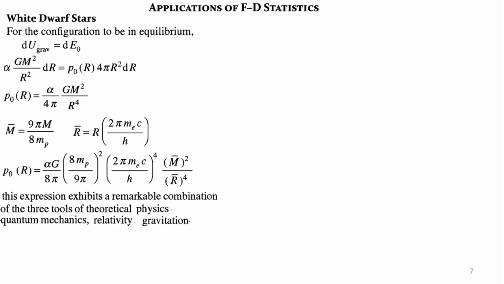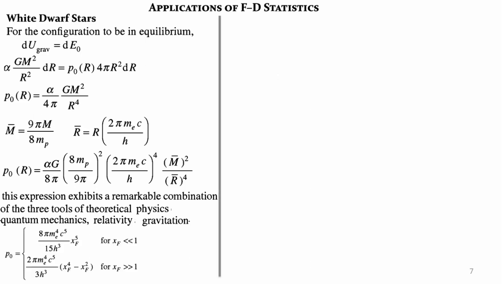So this formula is a very interesting soup of three ingredients: quantum physics, relativity, and gravitation. And that's why it will lead to very interesting physics, which is going to come.